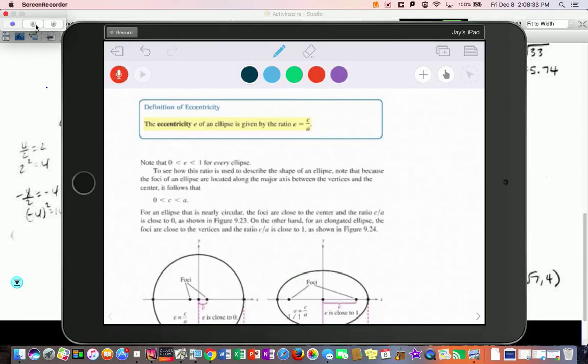All right, then there's something called eccentricity, which is basically, is your ellipse more circular or is it more elongated? And so eccentricity is given by c over a.